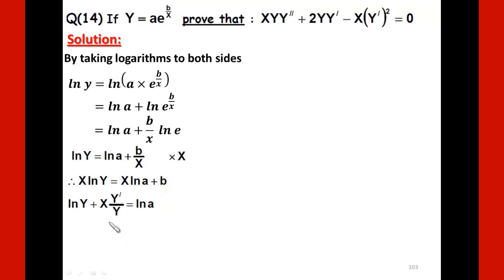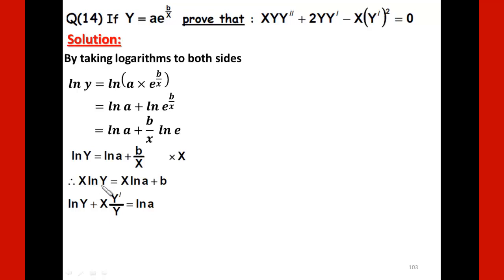And we make the differentiation to get the first derivative. So we have x multiply ln y, a product of two functions. We use the rule: the differentiation of the first multiply the second, plus the first multiply the differentiation of the second.